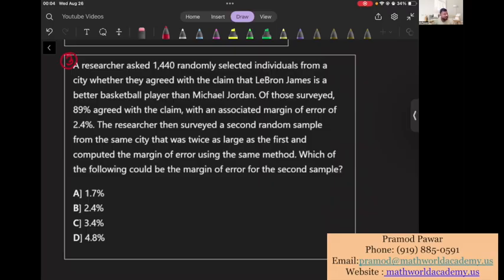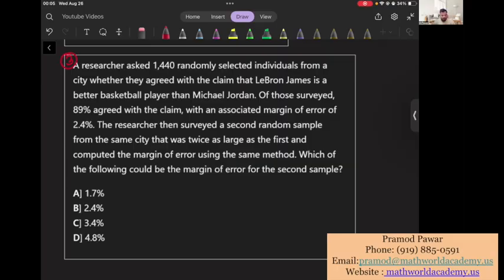So the question says, a researcher asked 1,450 randomly selected individuals from a city whether they agreed with the claim that LeBron James is a better basketball player than Michael Jordan. Okay, so they are making a claim. So you have a sample of 1,440 random individuals, and they agree that LeBron is a better player than Michael Jordan.